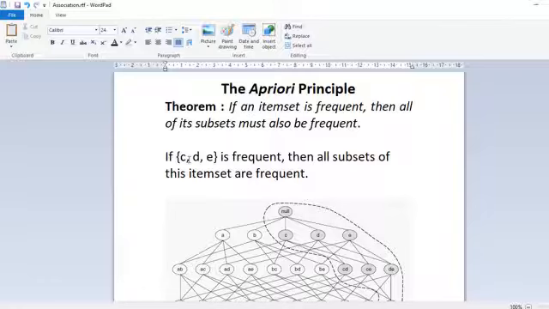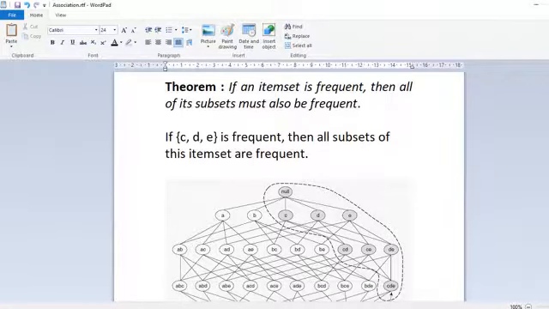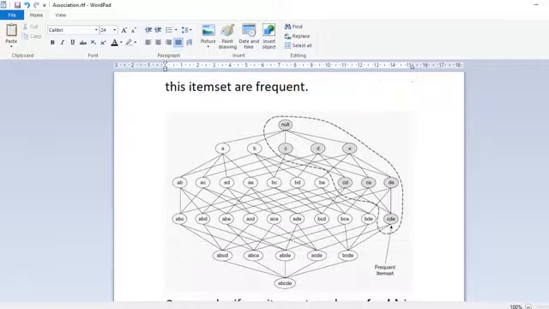Suppose you consider a 3 candidate item set C, D, E as frequent, then all subsets of this item set are frequent. What does that mean to you? Let us see with this lattice structure. Suppose C, D, E, the 3 candidate item set, is frequent, then all of its subsets are frequent.